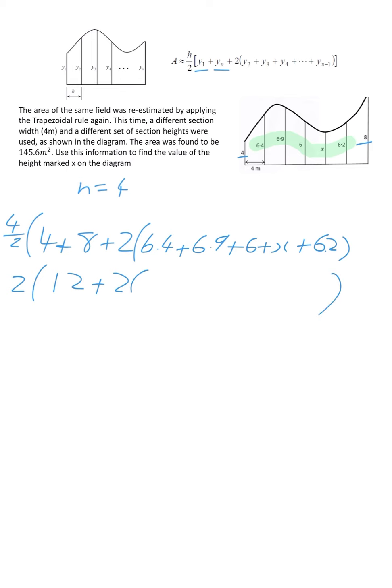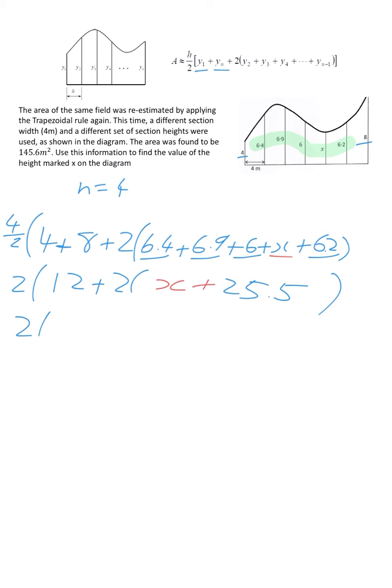So let's add up all the numbers here. So 6.4, 6.9, 6, and 6.2. And when we do that, we're left with 25.5. And then don't forget as well, we have that x left over.